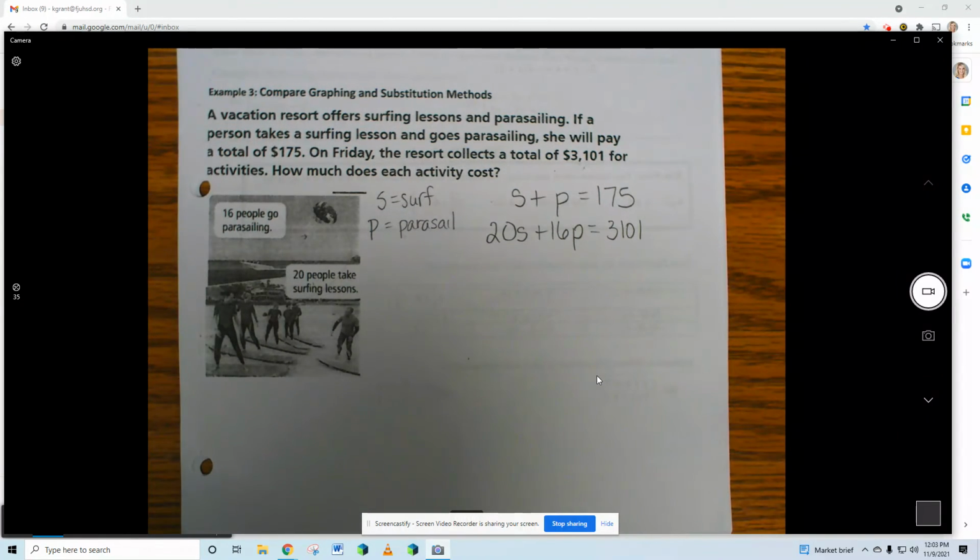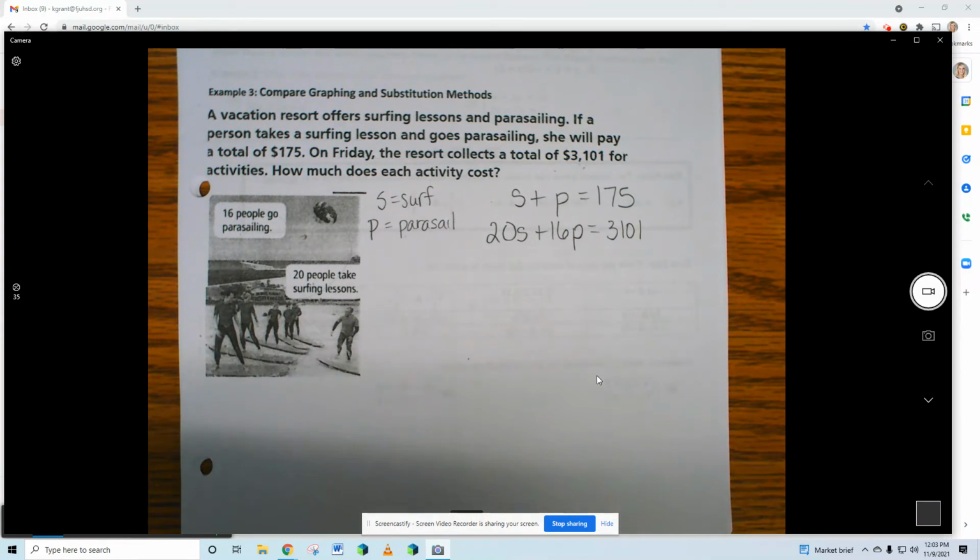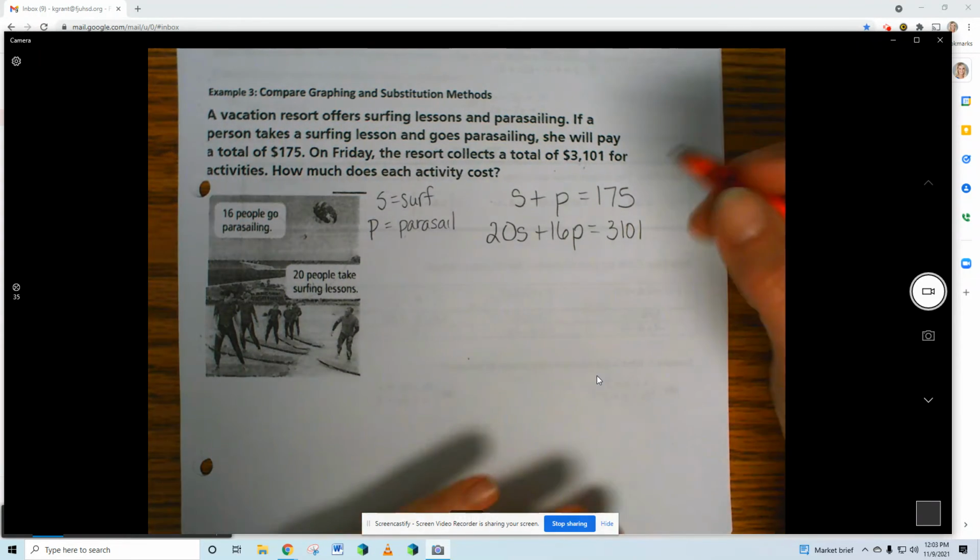We just learned about substitution, and I just said that there needs to be a variable alone. And S is not alone, and P is not alone. So make it alone. Look at you guys, problem solving 101. The easiest thing to do is probably just get S alone.